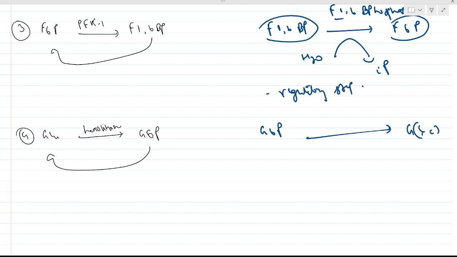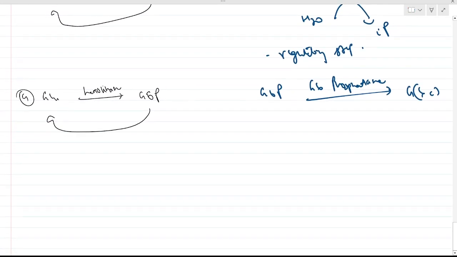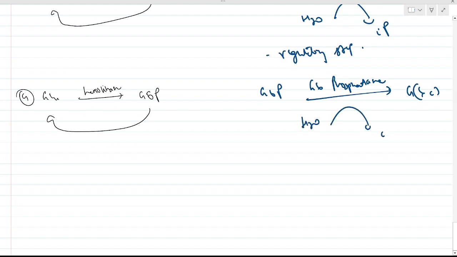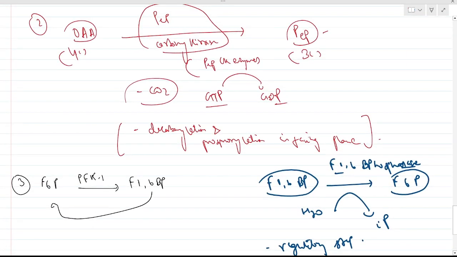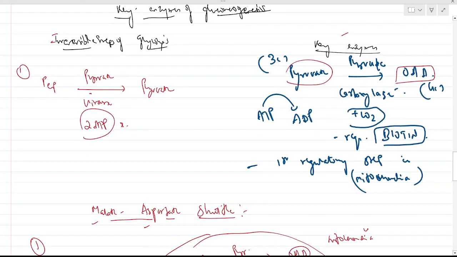The enzyme, as this was fructose 1,6-bisphosphatase, here is glucose 6-phosphatase. Very simple. Phosphatase, fructose 1,6-bisphosphatase and glucose 6-phosphatase. Here, water is used to form an inorganic phosphate. So these are the 4 irreversible steps and the key enzymes in gluconeogenesis.